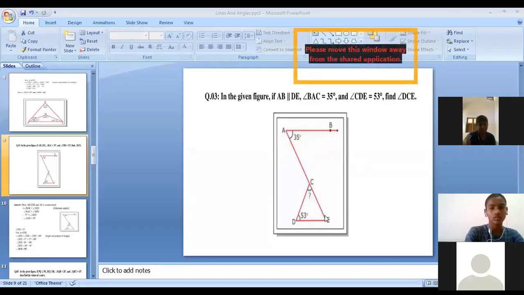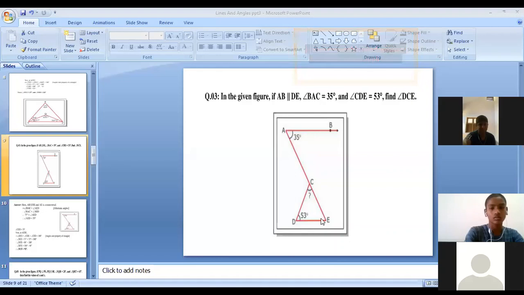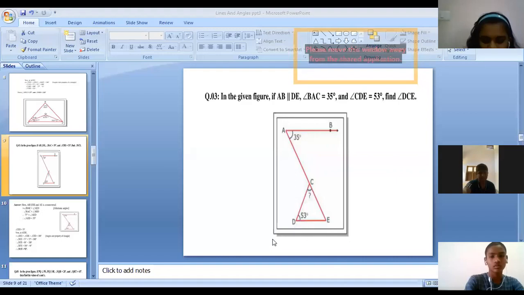The thing is to find the value at point C, that is DCE. We got the value of E as how much? 35 degrees.